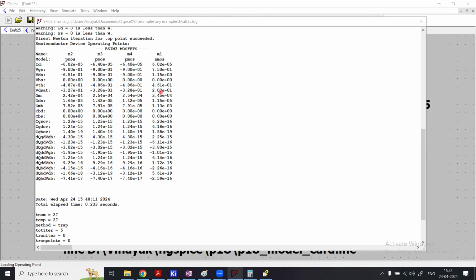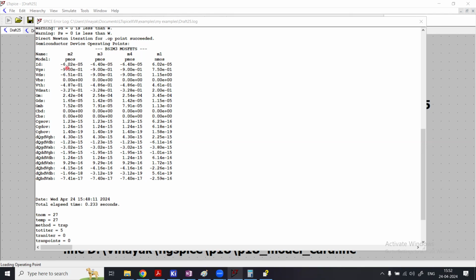So at 200 millivolt extra, it got saturated. Okay, now you have GM, which is about 345 microamp per volt. Then you have GDS, that is the output conductance. Again, you have 11.5 micro per volt. GMB is the body related transconductance. Then you have capacitances, and then you have all these parameters. We will not use those.